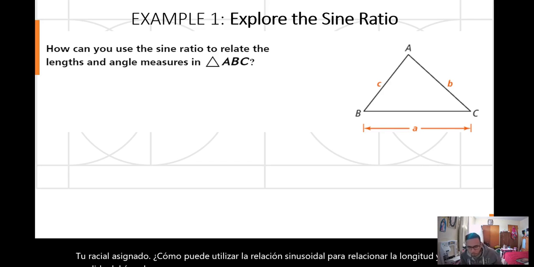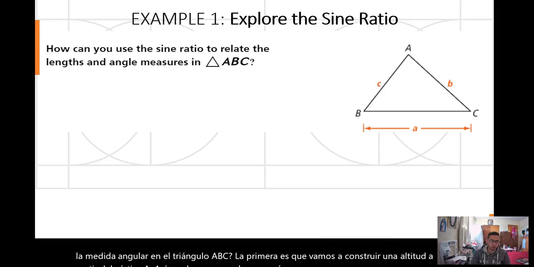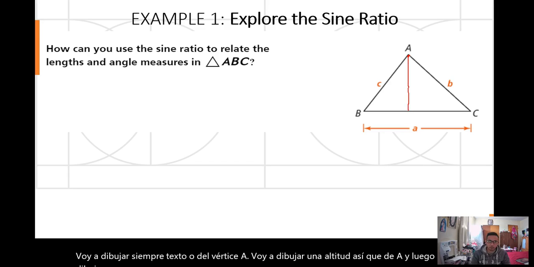First, we are going to construct an altitude from vertex A. From A, you draw the altitude.